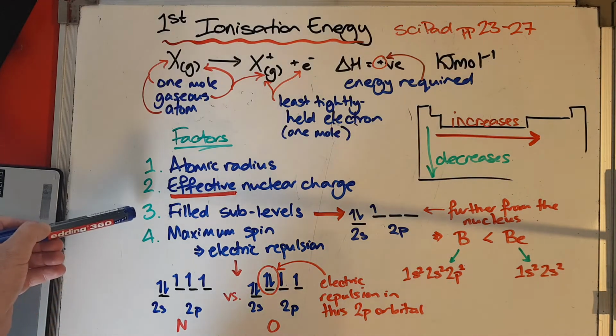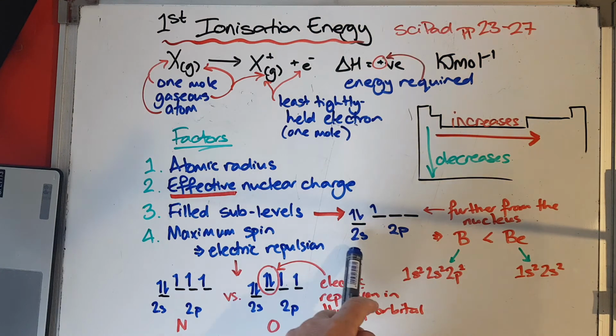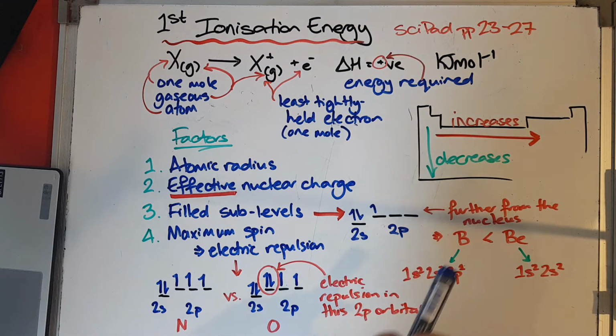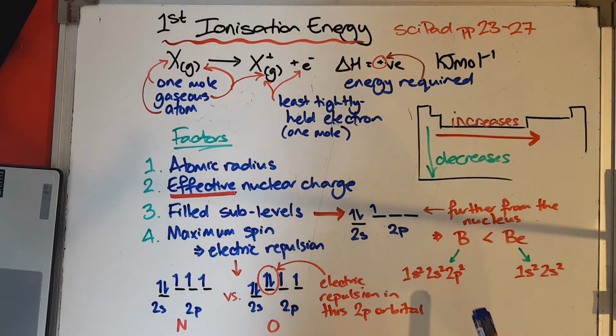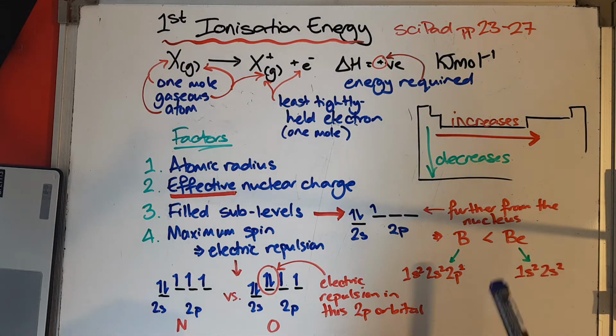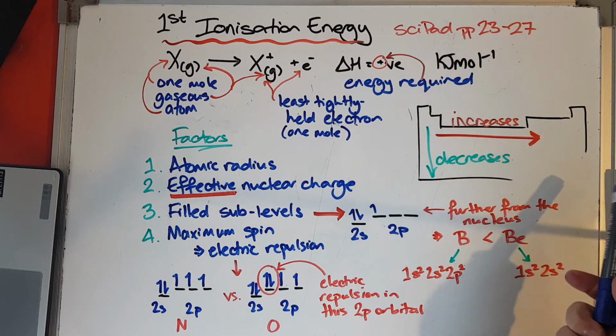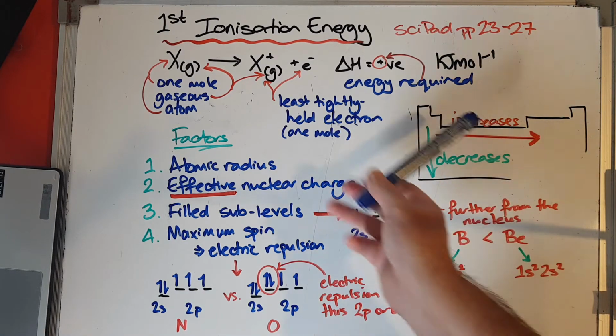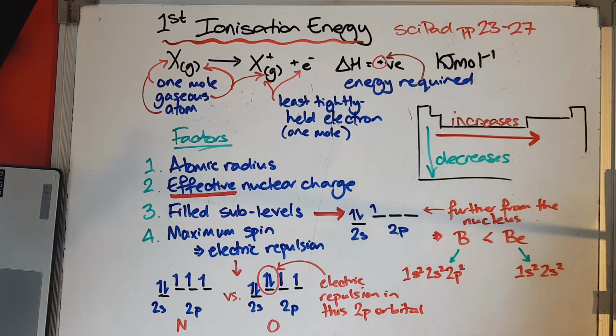First of all, a filled sublevel. So for example, 2s is a sublevel, 2p is a sublevel, and so on. You have to consider that as a factor. Boron has got a lower ionisation energy than beryllium, even though it should have a higher one because across the period they increase.